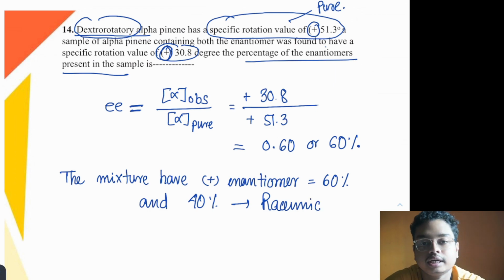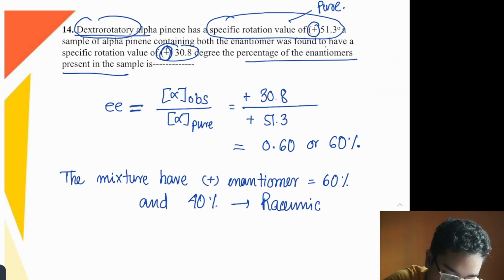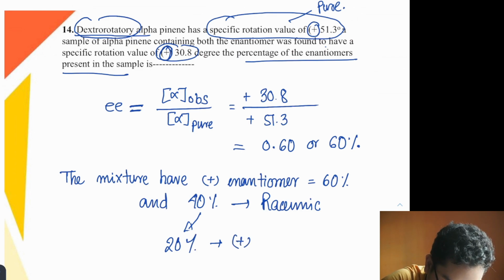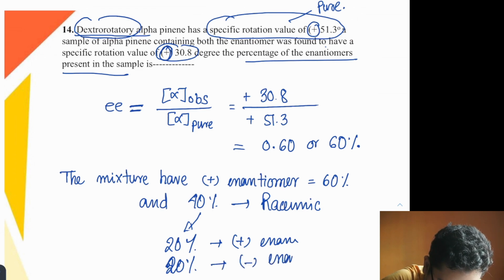Now, I have determined the dextrorotatory is the plus enantiomer, okay, and 40% racemic. Out of this 40%, 20% will be the plus enantiomer, and the rest 20% will be the minus enantiomer.